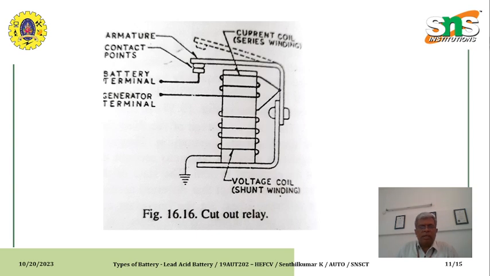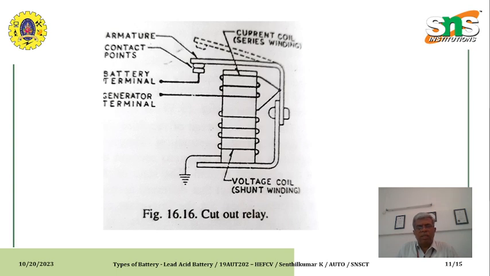In the topmost part, there are spring action contact points. If the spring contact point is in the closed condition, the battery is going to charge. If the field coil voltage is increased, the center part of the core is energized and pushes down the contact points, that is the armature, closely.